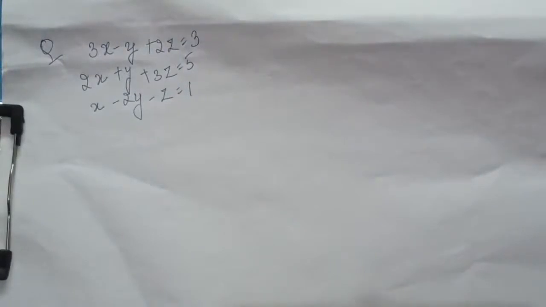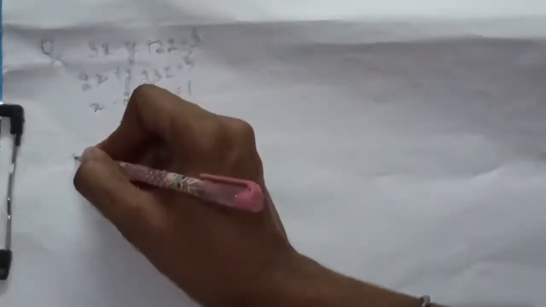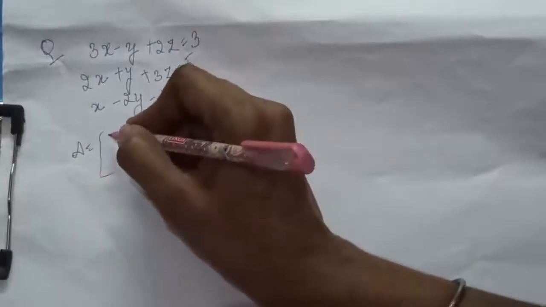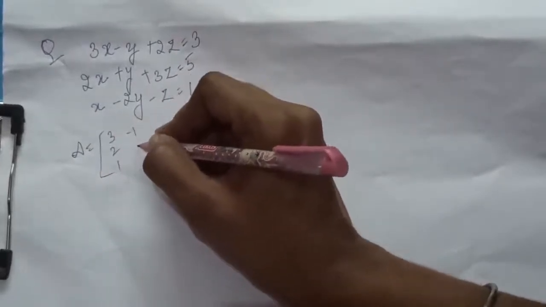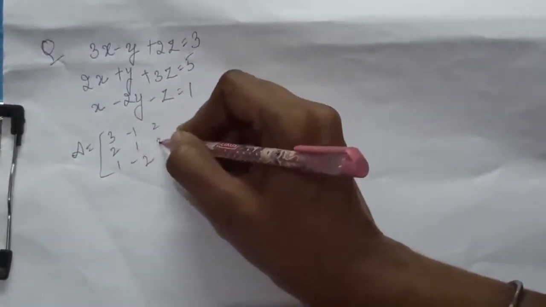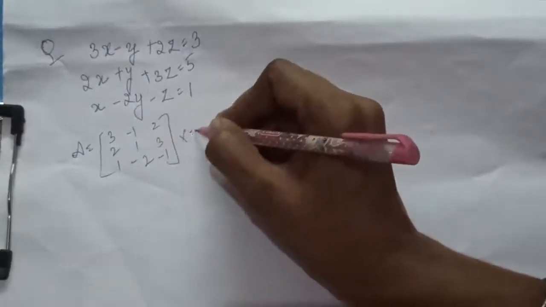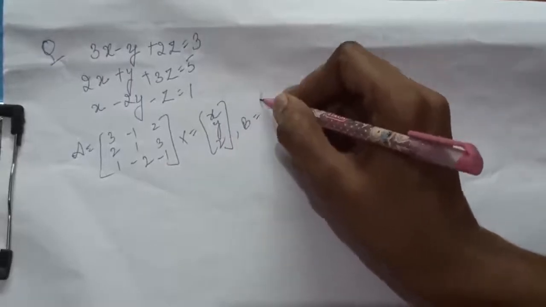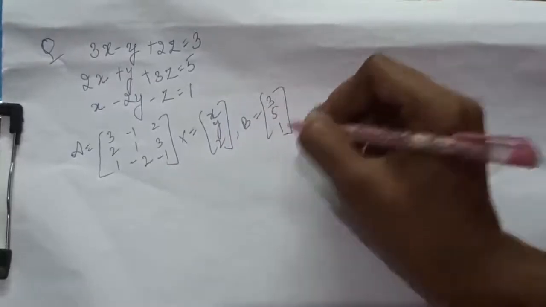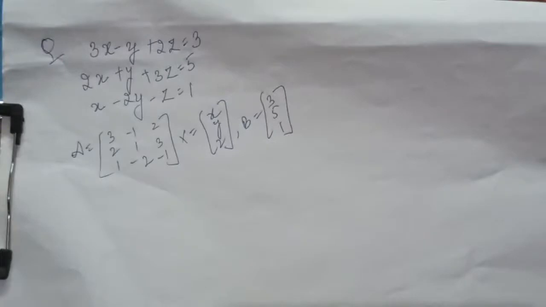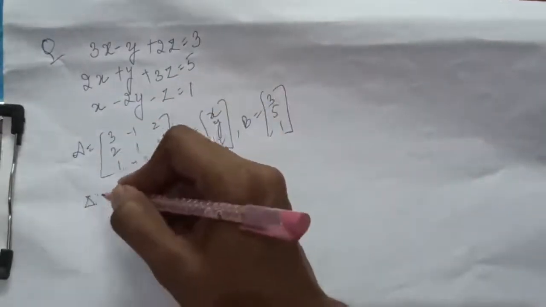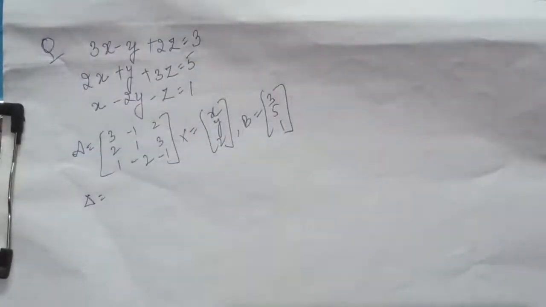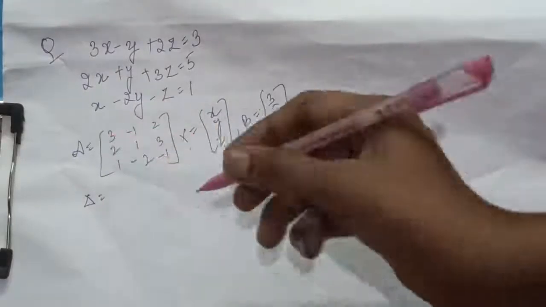So from here, finding A, this will be 3, minus 1, 2; 2, 1, 3; 1, minus 2, minus 1. My X will be x, y and z, and my B will be 3, 5 and 1. So now I will find delta, the determinant of A, and when I found it, it comes out to be 0. You can do it in detail. It comes out to be 0.